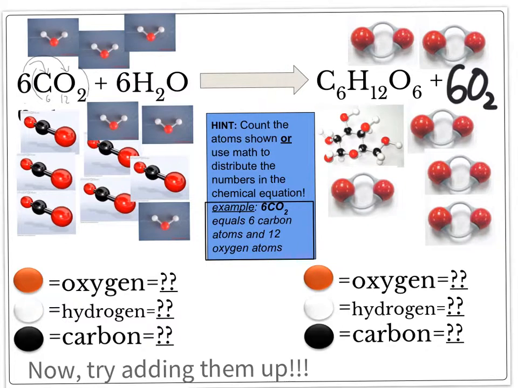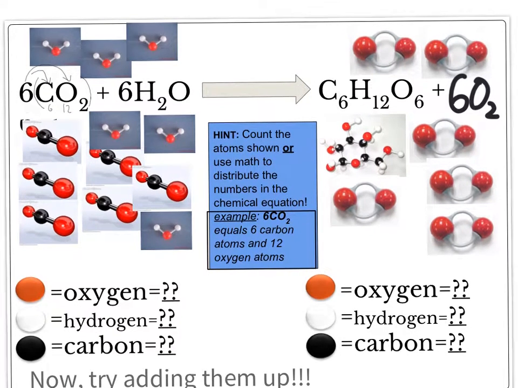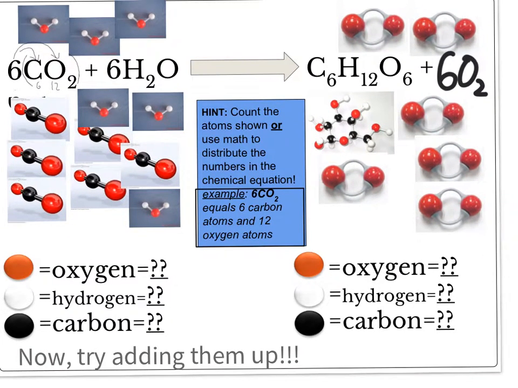Well, hopefully you figured this out, and what we should have here is 12 hydrogens, and distribute the 6 to the oxygen, that'd be 6 oxygens, so you would add the 12 and the 6, so that'd be 18 oxygens.